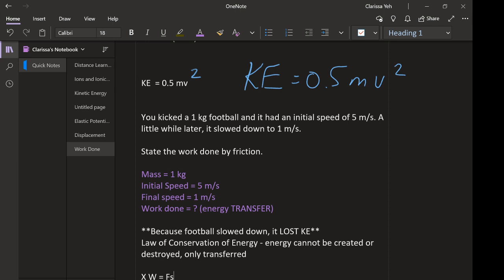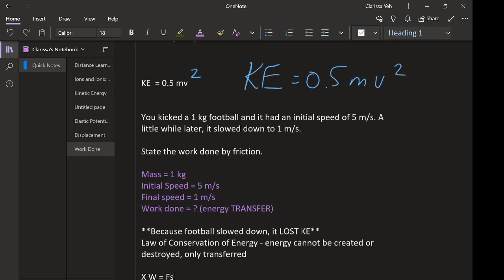The reason why I'm doing this problem is because it surrounds your understanding of what work done is. Whenever you have a force that acts on an object, you're going to have an energy transfer. Whether it's a loss of kinetic energy, or you push the football a bit more and you give it kinetic energy.